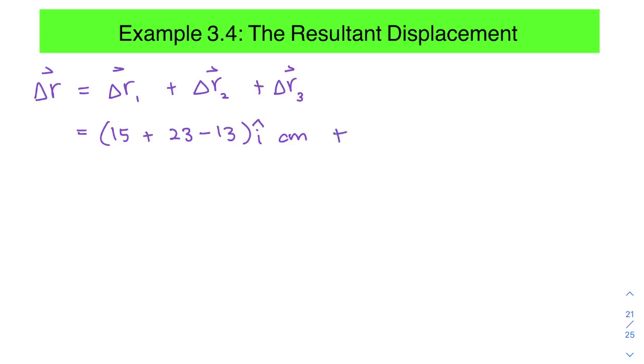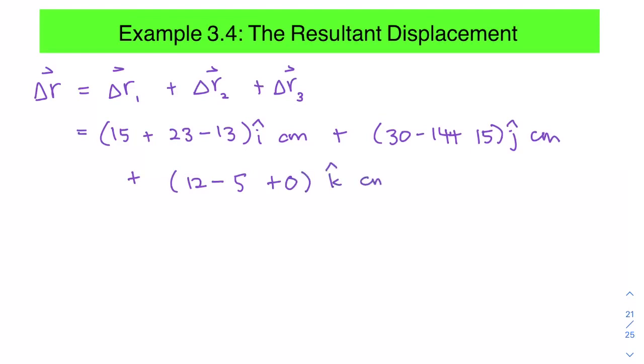Then plus this is for j, 30 minus 14 plus 15. This is for j, centimeter unit. And k, which is we have 12 minus 5 plus 0, because the last vector, the R3, has no value for k, centimeter.